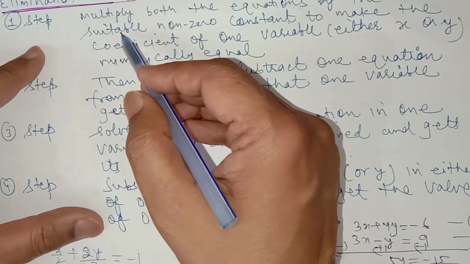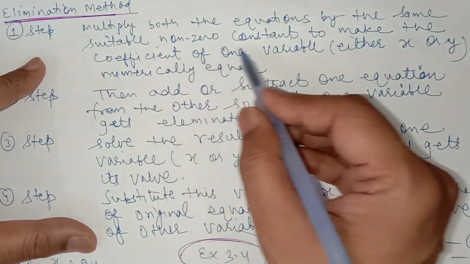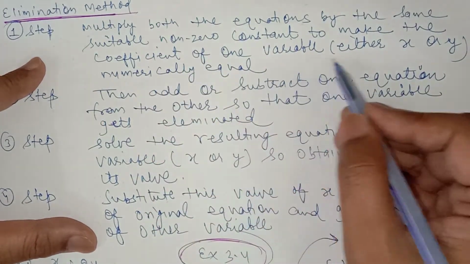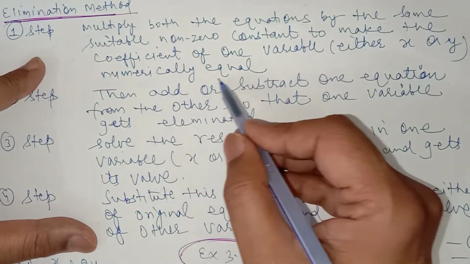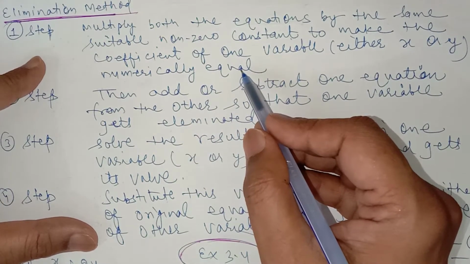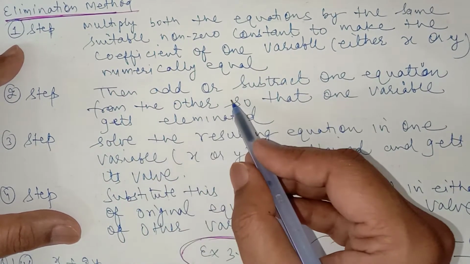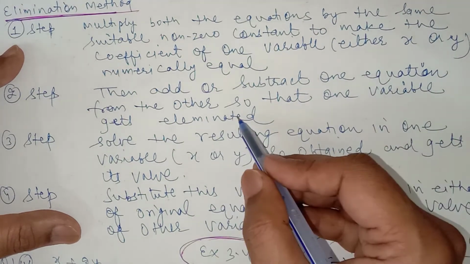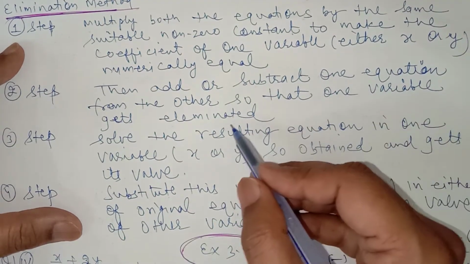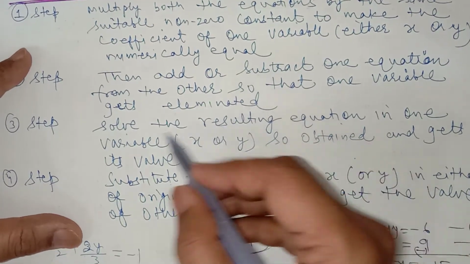Now these are the steps in the elimination method. Multiply both equations by suitable non-zero constants to make the coefficient of one variable, either x or y, numerically equal. You have to multiply by that number so that the numerical value of the coefficient of x or y becomes equal. Then you have to either add or subtract one equation from the other to obtain the value of one variable, as one variable gets eliminated when you add or subtract.